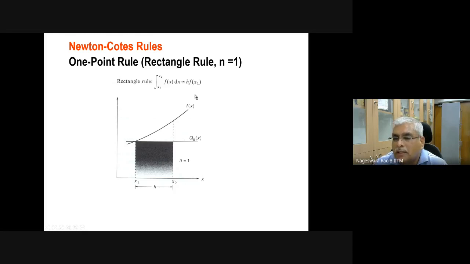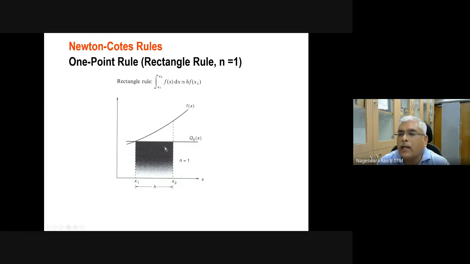That count is important: at how many points are we evaluating the function? Because there is a computational expense associated with that. So we always want to evaluate the function at fewer points and get the maximum out of it. That's why that is noted here.